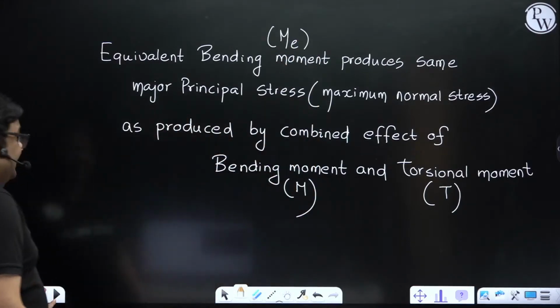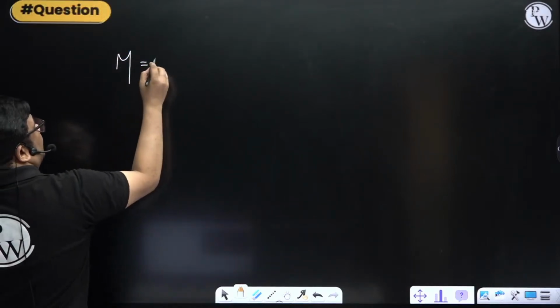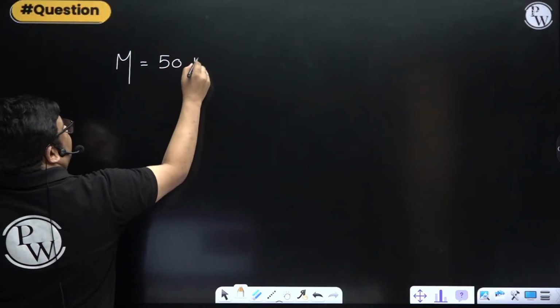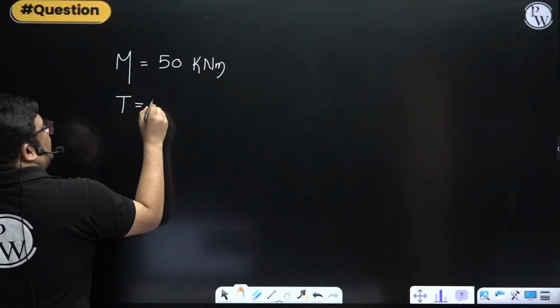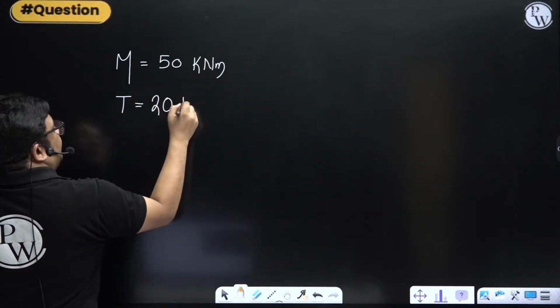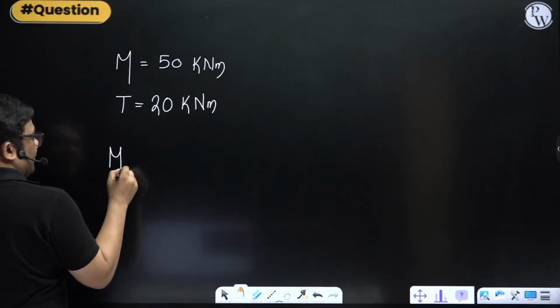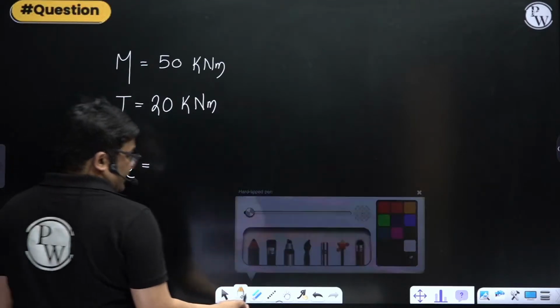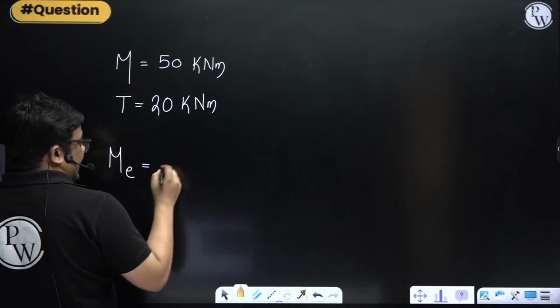Okay, so a very basic question they can ask you: suppose they give M equal to 50 kilonewton meter, and T equal to 20 kilonewton meter, and they ask you to find the equivalent bending moment. If you know the formula, it's very easy, but I derived it so that you get an understanding of things.